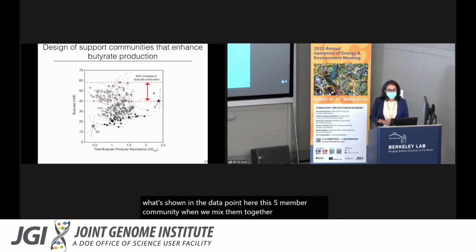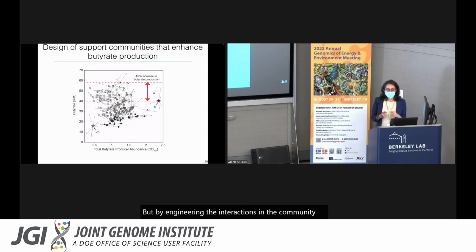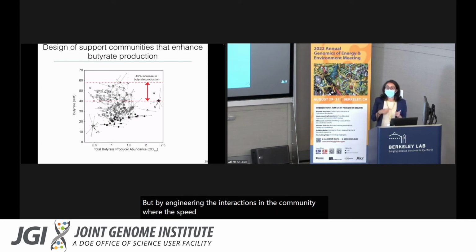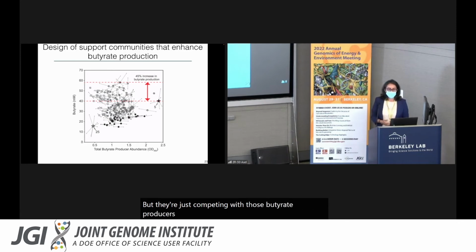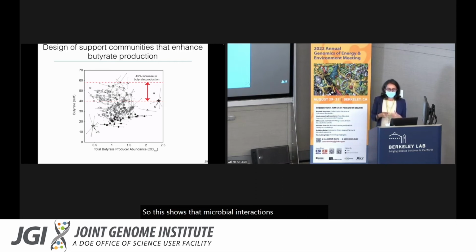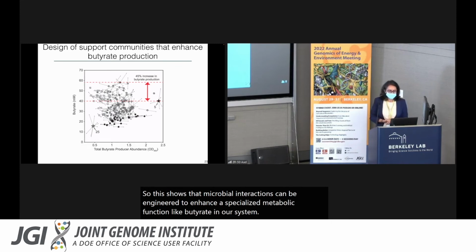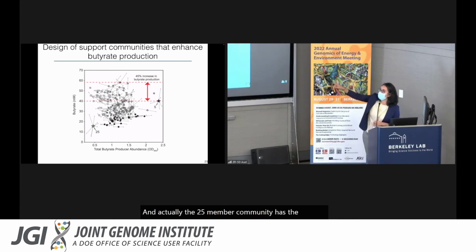Actually, this 5-member community produces a reasonable amount of butyrate, but by engineering the interactions in the community, where the species don't produce butyrate but are competing with those butyrate producers, we can get a 45% increase in butyrate production. So this shows that microbial interactions can be engineered to enhance a specialized metabolic function like butyrate in our system. And the 25-member community has one of the lowest butyrate concentrations.